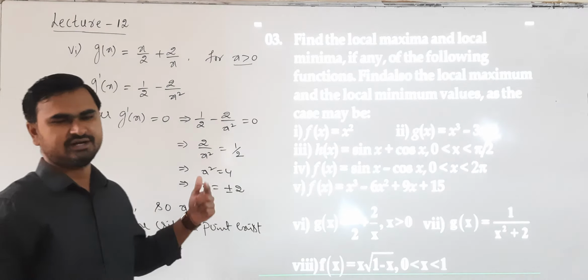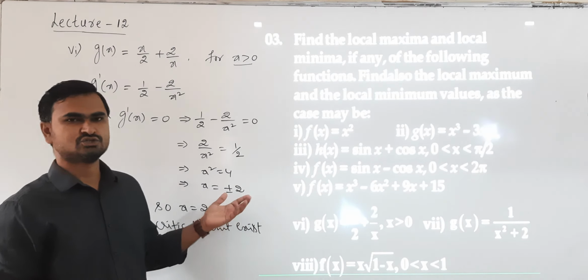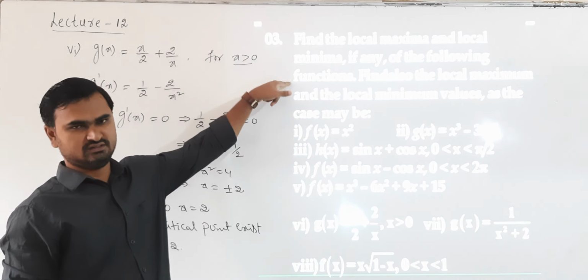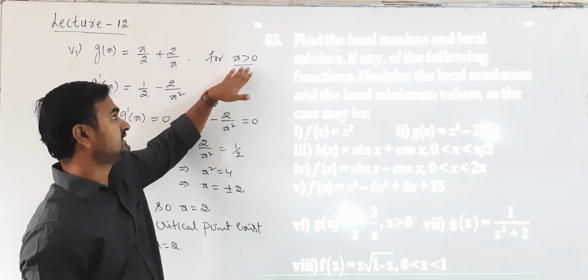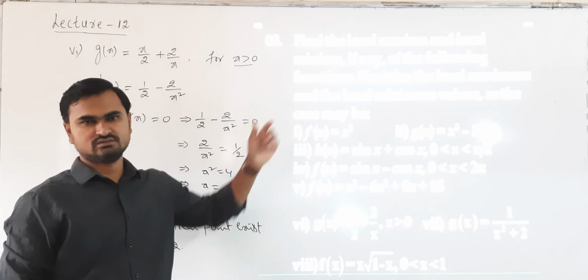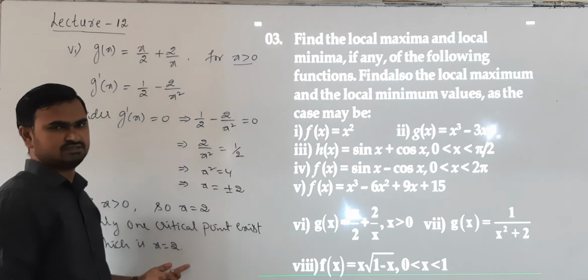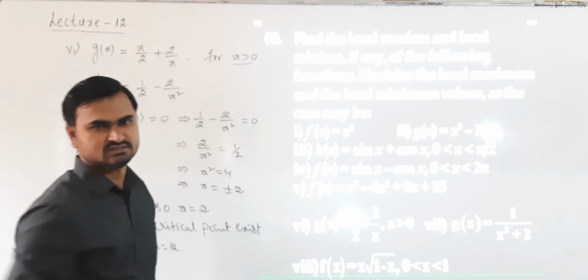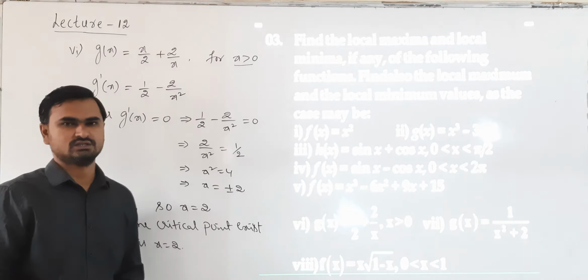After finding the critical points, we have to make sure that the critical points lie in the given interval, if any. Here they clearly mentioned the interval as x greater than 0. That's why we are taking only x equal to 2. Suppose this condition is not given, then we can take x equal to minus 2 also.